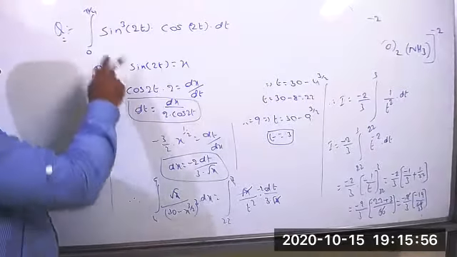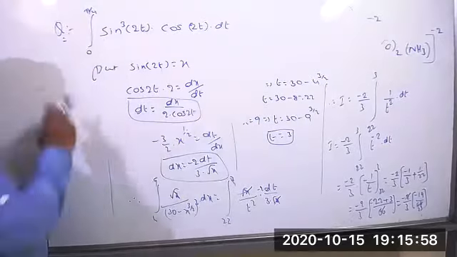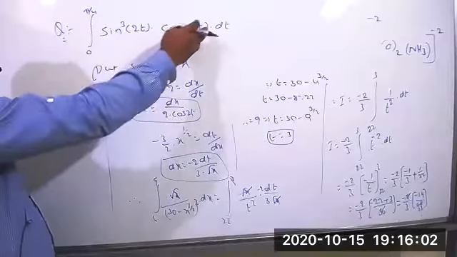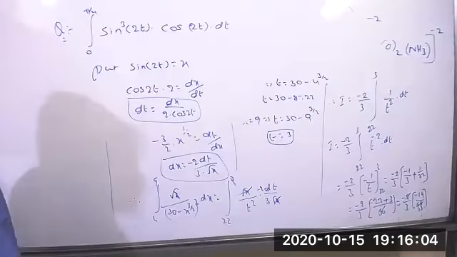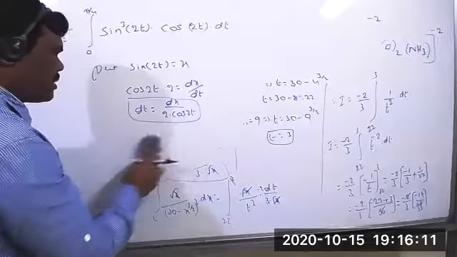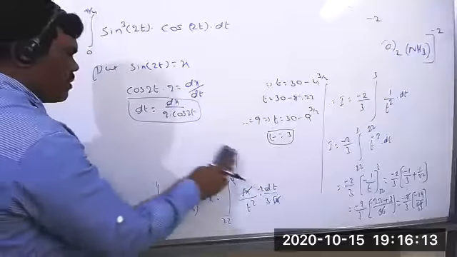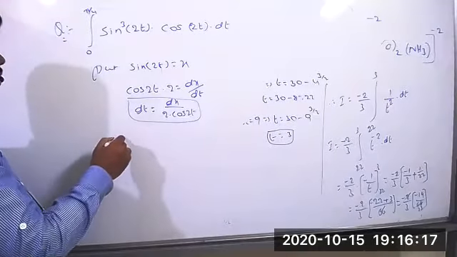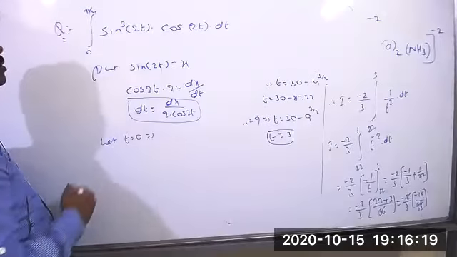But whatever limits they have given here, generally these two numbers are the values of t, because here we are taking with respect to t. So 0 and pi by 4 are the values of t. Since now we are integrating with respect to x, we have to find the values of x. Let t equal to 0.